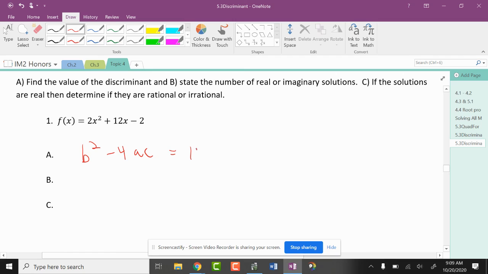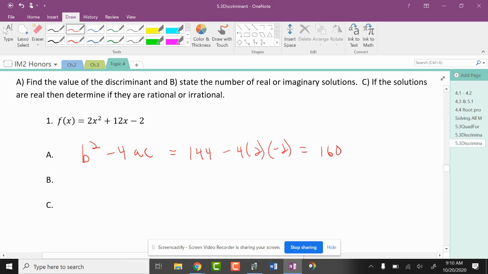So b squared is 144 minus 4ac. And no, you don't want to put the square root on it. You just want to analyze it, then think, what if I was going to take the square root of this? What kind of answer would it be? 4 times 2 is 8, times negative 2 is negative 16, minus a negative 16 is plus.